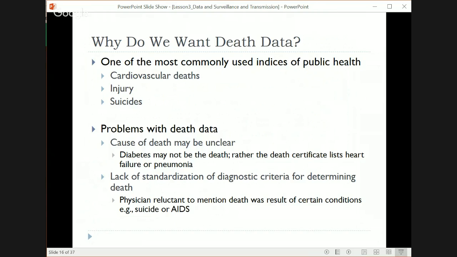When the HIV epidemic was starting, and a lot of young men and women were dying from AIDS, quite a few physicians wouldn't document the death as due to AIDS on the death certificate. Sometimes it was because the physician was a friend of the family. And again, keep in mind that all death information is public information. AIDS and suicide are such stigmatized conditions that they didn't want to document them as the true cause of death.